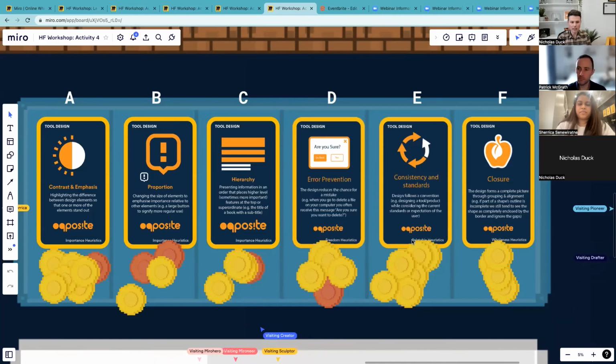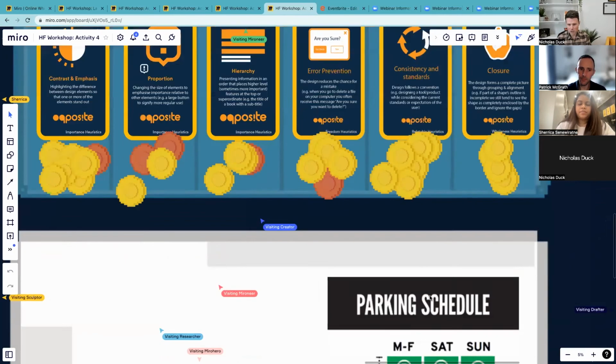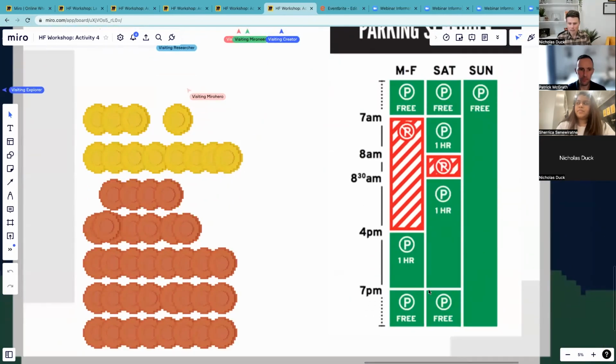But yeah, looking at the ones that most of you said were quite good, I do think that it probably does prevent error, with the exception of maybe that red one there, which could represent people who are unfamiliar with it. They might make a mistake. But a good example of error prevention there is if you go any time after 4 o'clock on those days, you know for sure that you will not get a ticket.